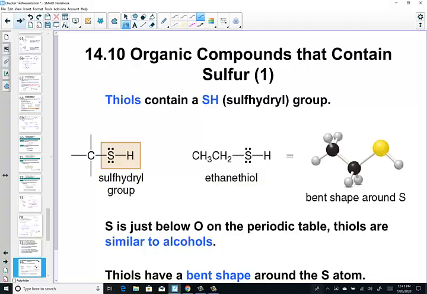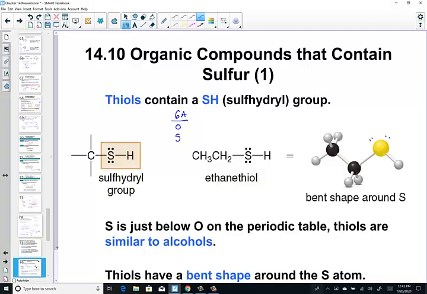The thiols. Remember, thiols contain a sulfur, a sulfhydryl group, SH. Remember group 6A on our periodic table had oxygen, and right underneath that is sulfur. You're going to see a lot of similarities between a thiol and an alcohol. It also has a bent shape because it also has 2 atoms and 2 lone pairs from its bonds.